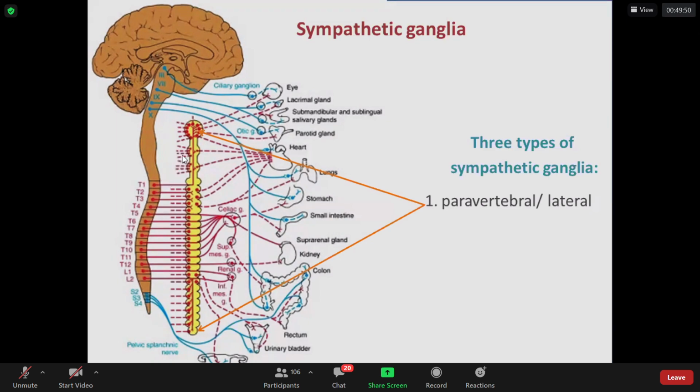But the sympathetic ganglia are not equal in number. For 7 cervical vertebrae, there are only 3 cervical ganglia: superior, middle, and inferior. But for 12 thoracic vertebrae, there are 12 sympathetic ganglia on each side of the spinal cord, 1 to 12.